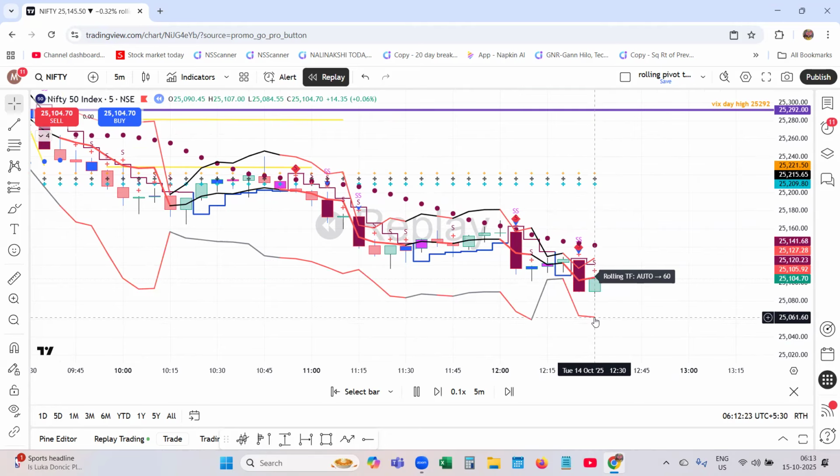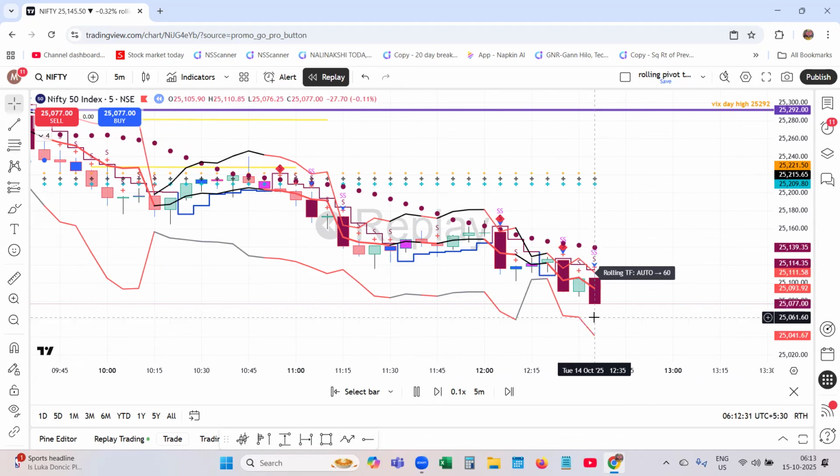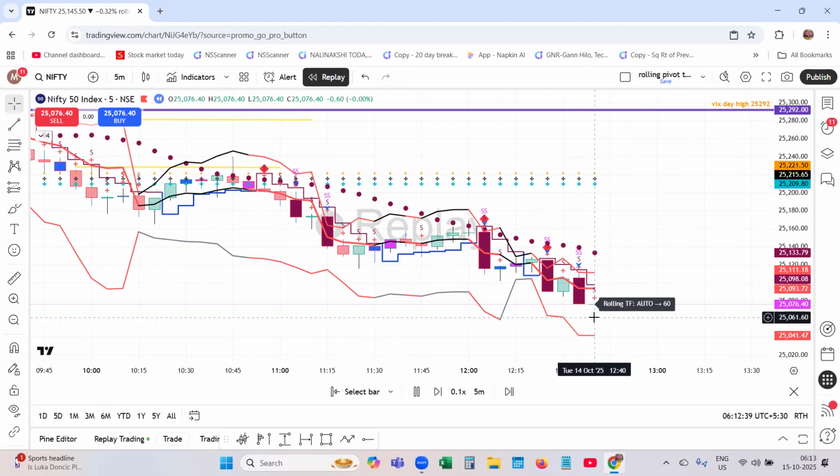The rolling pivots is a dynamic indicator which I have coded, directly taking the price into action and calculating it. That's why this indicator is so successful. Whoever bought my indicator is making money.